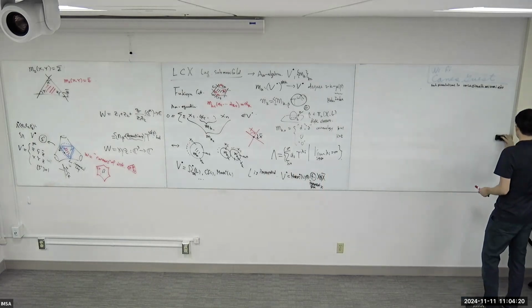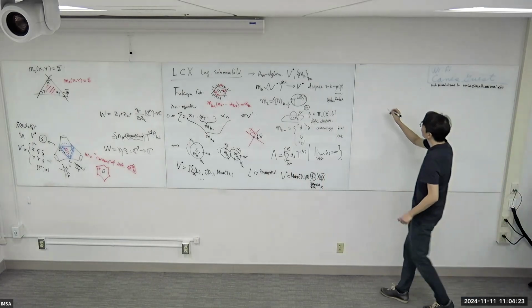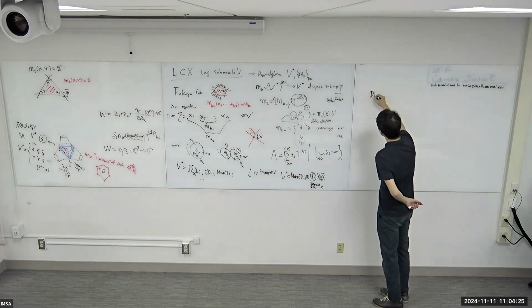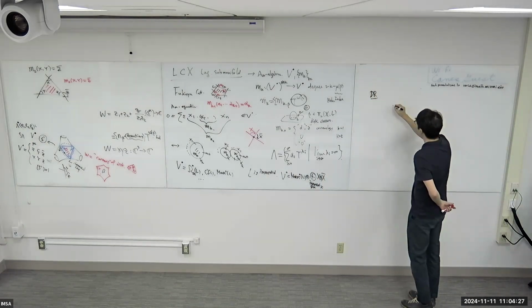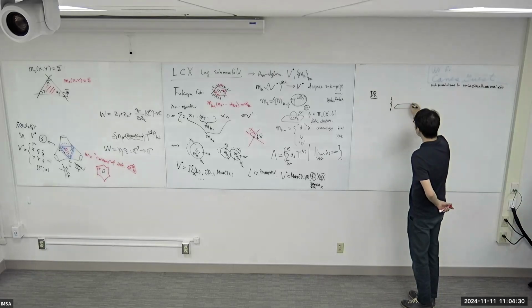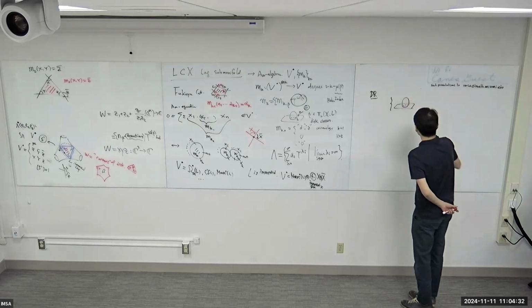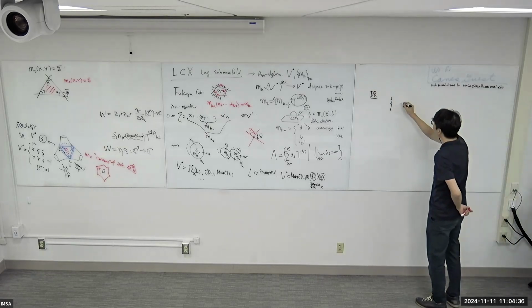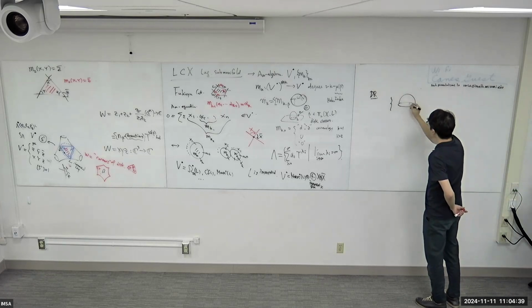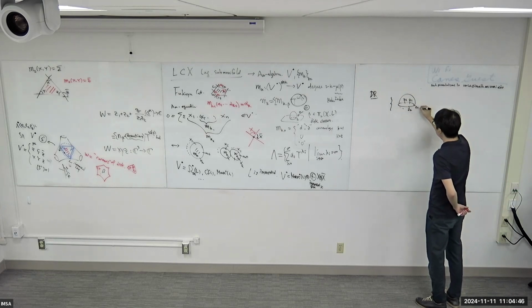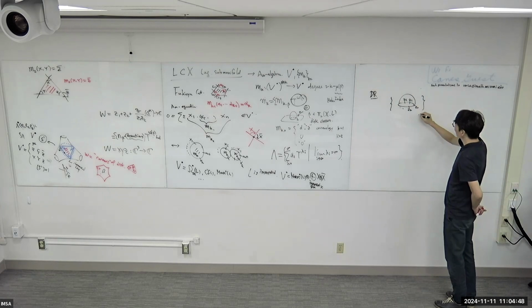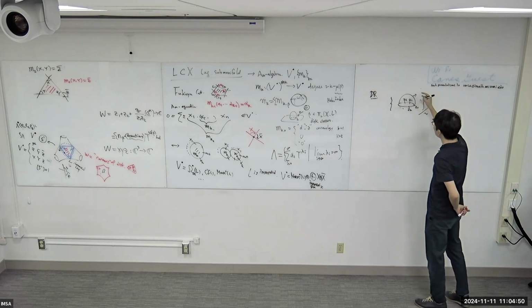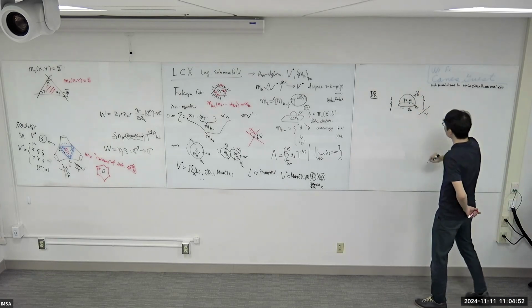Let me first do it for de Rham. You consider the moduli space of these disks with marked points Z1, Z2, up to Zk, and Z0, mapping to X.